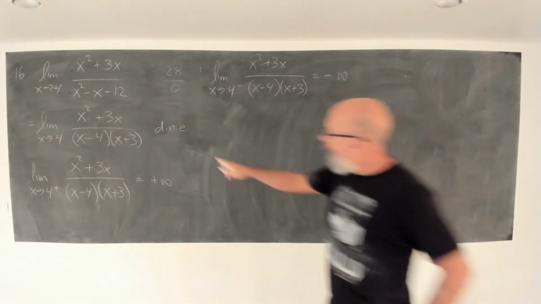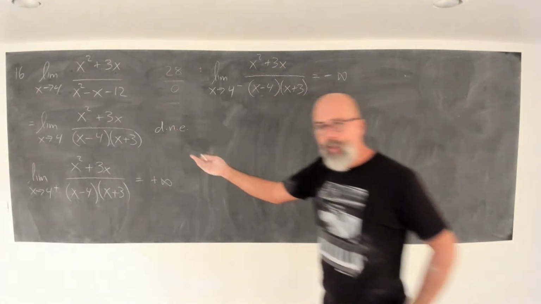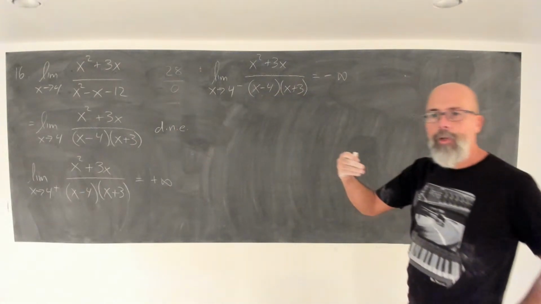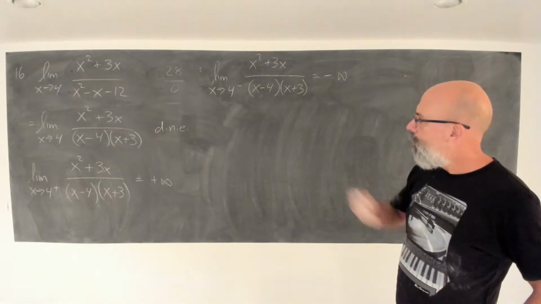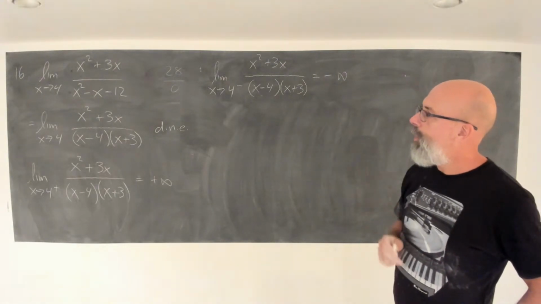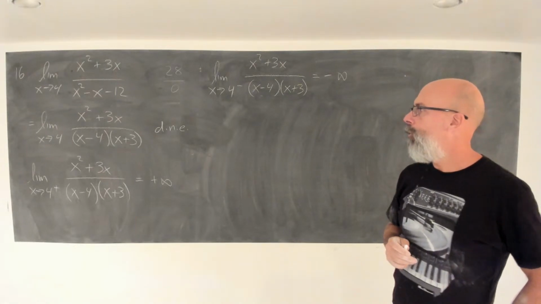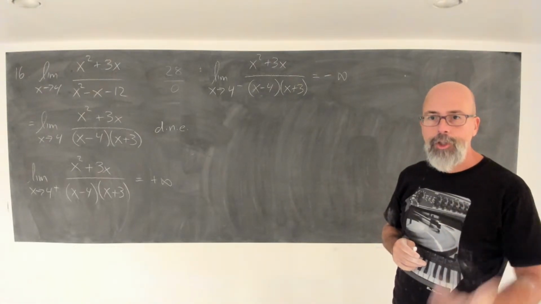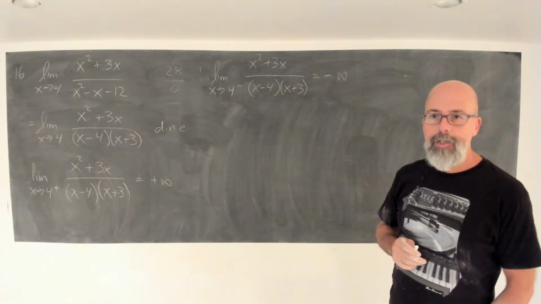I think we discussed the difference between undetermined or does not exist and undefined last time, right? I think we had agreed that for limits, we were going to say does not exist, and for functions, we were going to say is undefined.